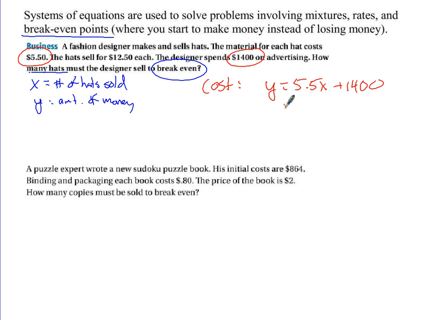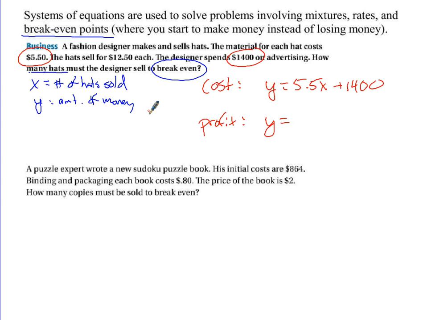Okay? Now, hopefully I'm going to start selling hats, right? People are going to buy them because they're pretty sweet. So now I'm going to make what we call a profit equation. This is the money that's coming in now. So I'm going to write Y equals again because I'm talking about money.